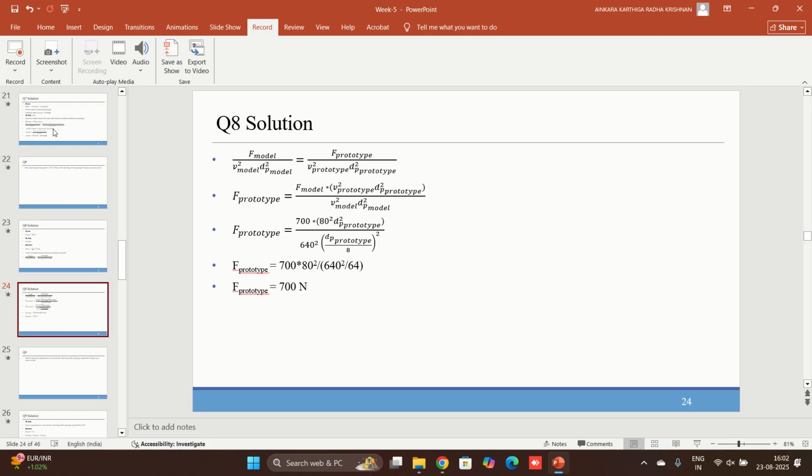V prototype was 80 km per hour. Since kilometer per hour is getting cancelled, I haven't converted.